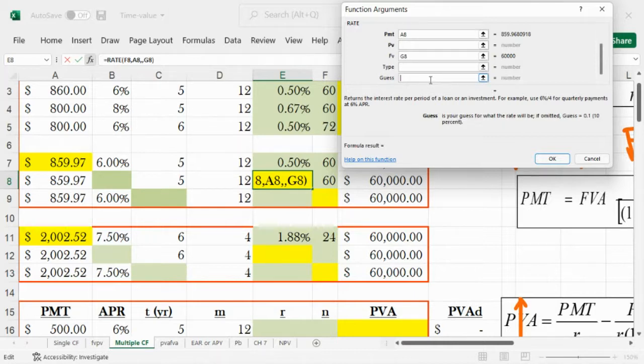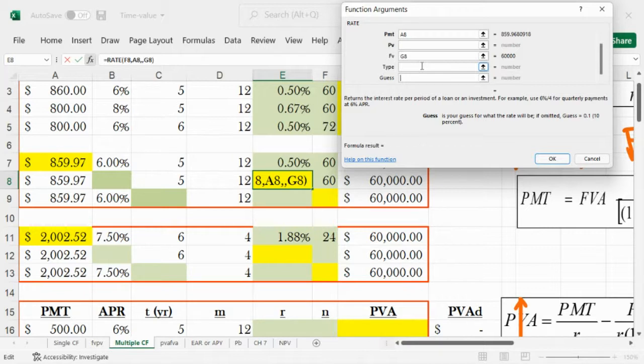Before type is guess. This is what you guess, but we don't need to use guess. If you were to guess, then there'd be no need to use Excel's function. So ignore guess. Type means ordinary annuity or annuity due.